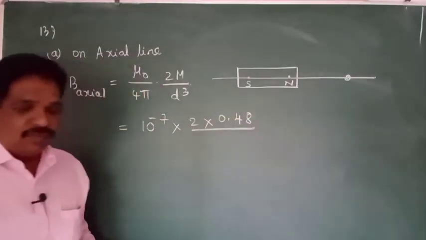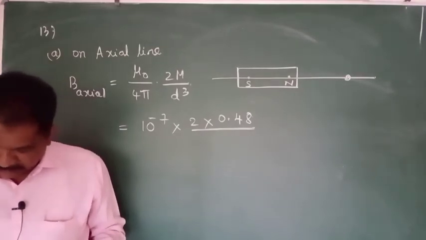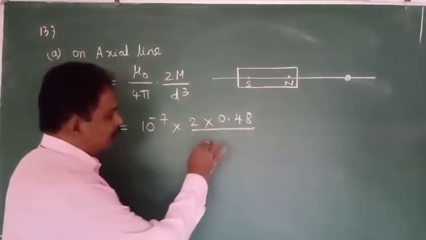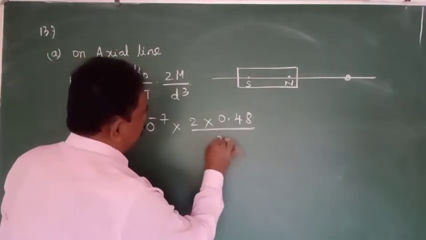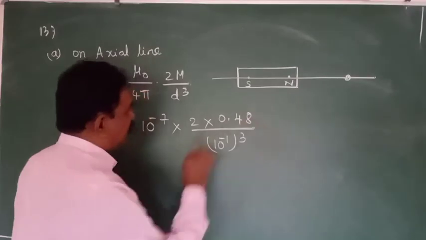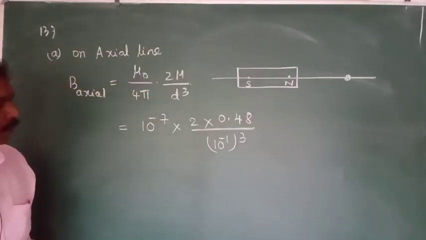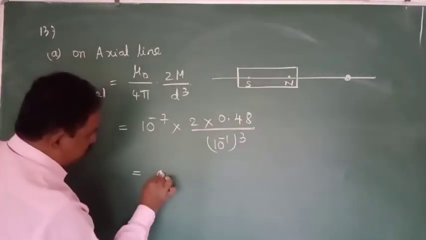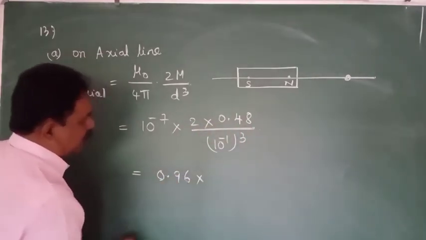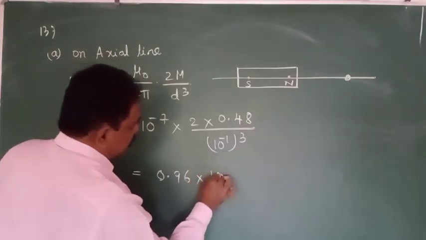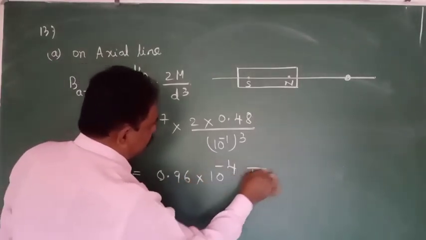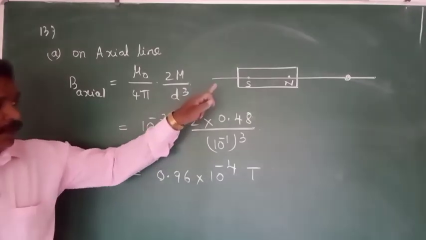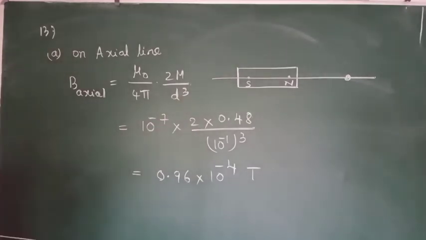The distance they gave, 10 centimeter, so this will be 10 power minus 1 meter whole cube. So finally, how much will we get? 2 into 0.48 means 0.96. This value will be 10 power minus 4 Tesla. That is the magnetic induction on the axial line.